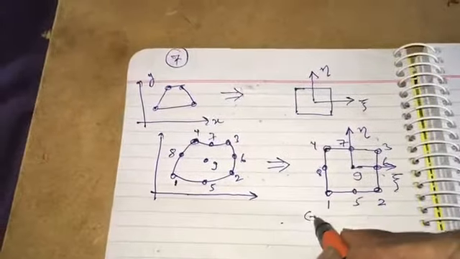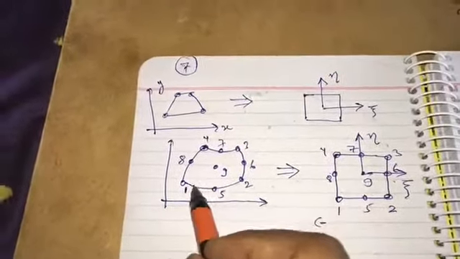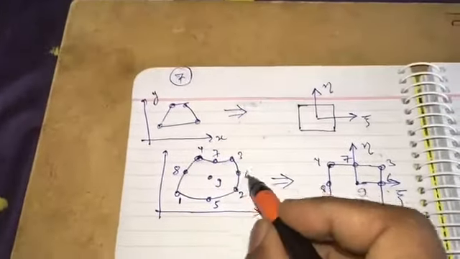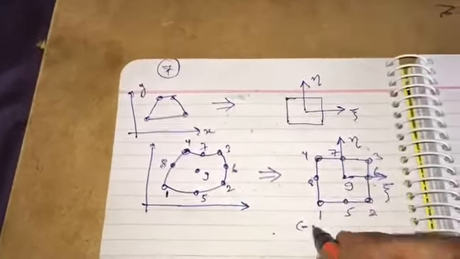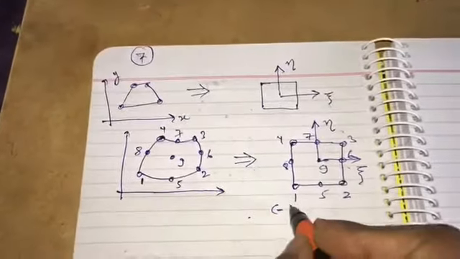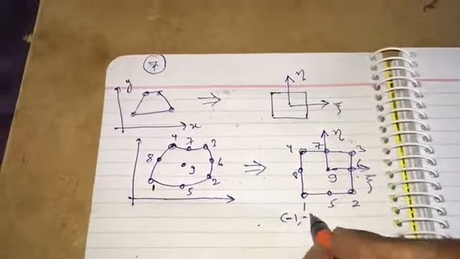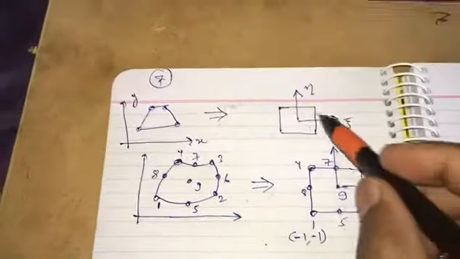Here, regardless of what x1, y1, x2, y2 and so on, the transformed element will have the same coordinates as this one.